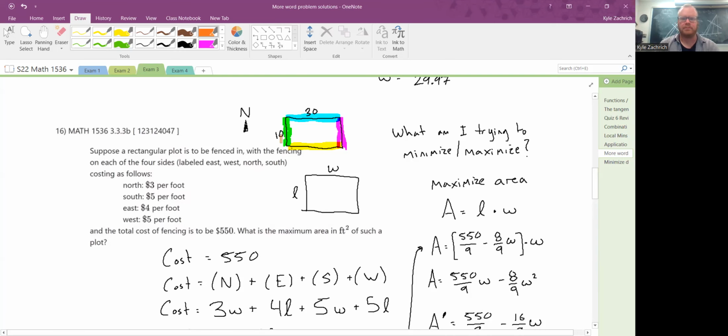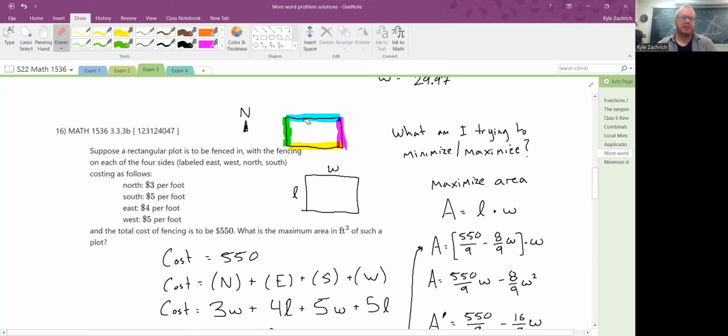So I drew a diagram for this one that says the cost is going to be, so this particular side costs, the 10 and 30 were just examples I was throwing out to explain this problem to somebody.